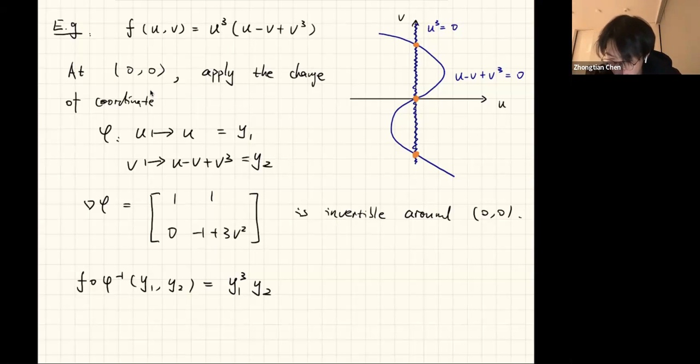You can see from the picture, if you zoom in around this point, it will just be a straight line intersecting with another straight line in a transverse way, if we just think about the set. I put this squiggle here just because as a set they are the same, and we don't care about this.